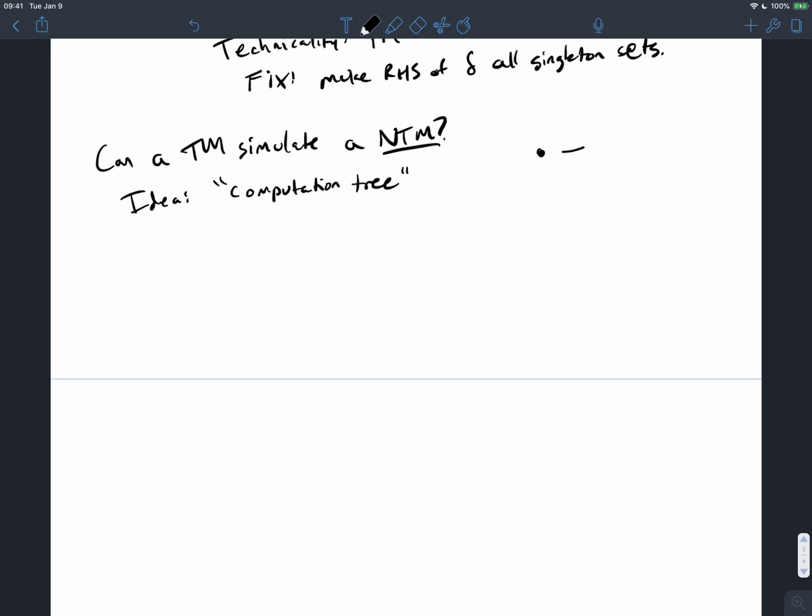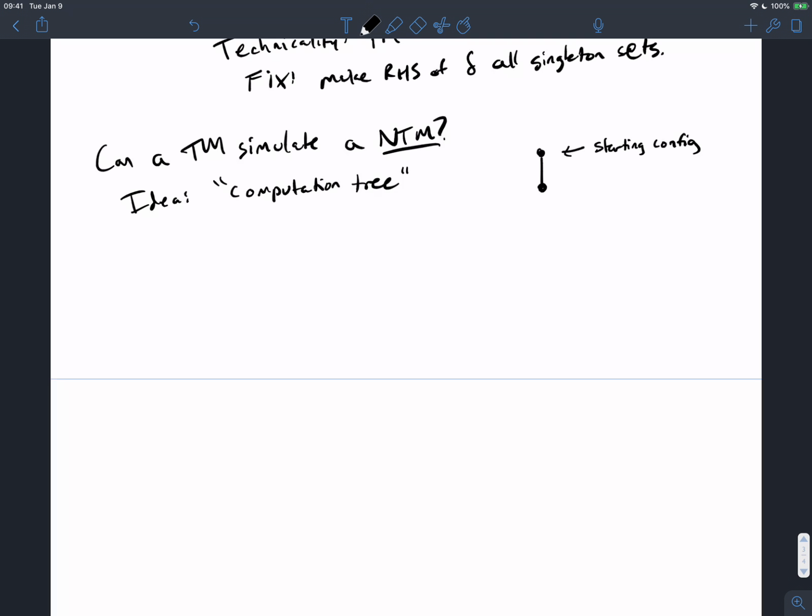Let's just think of it like this. At the root node, this is the starting config. Each node in this tree is going to be a configuration. The non-deterministic machine may, for instance, have exactly one choice at the starting config.